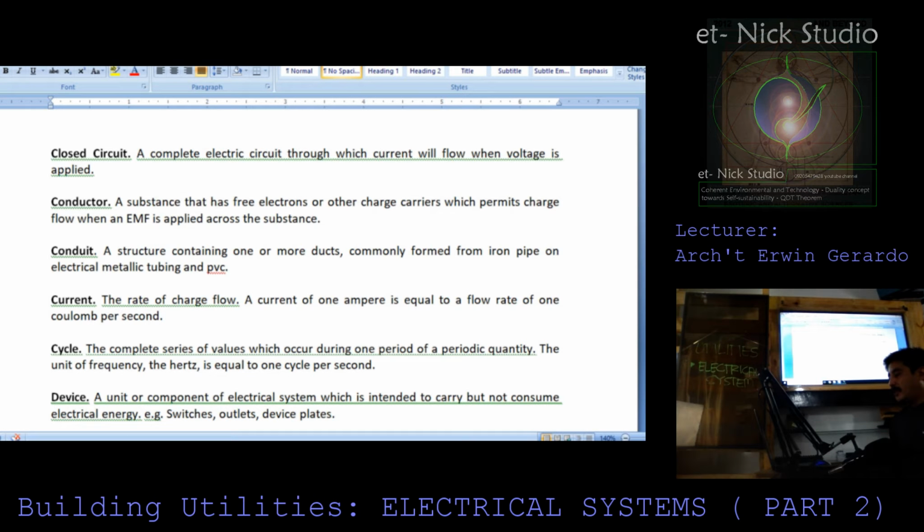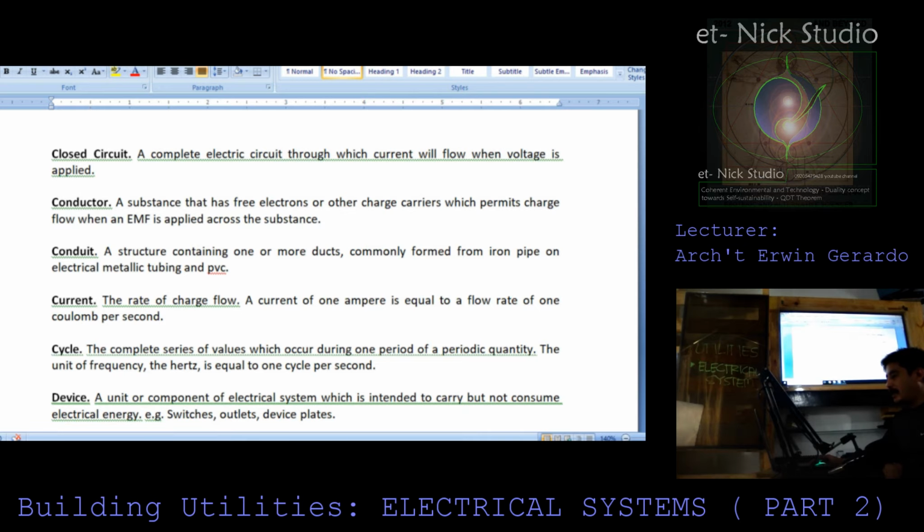Conduit is a structure containing one or more ducts, commonly formed from iron pipe, electric metallic tubing, and PVC or polyvinyl chloride. Current is the rate of charge flow. A current of 1 ampere is equal to a flow rate of 1 coulomb per second.